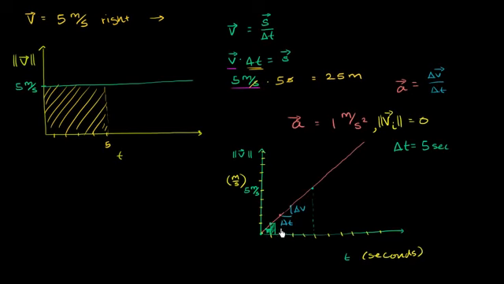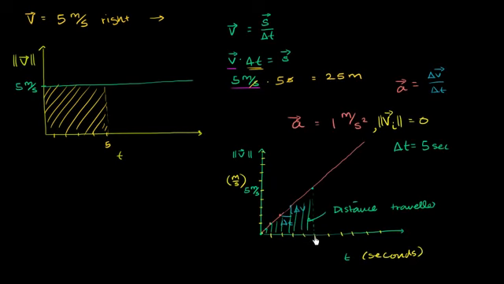But I think what you see is, the smaller the rectangles you try to make here, the closer you're going to get to the area under this curve. And just like the situation here, this area under the curve is going to be the distance traveled.